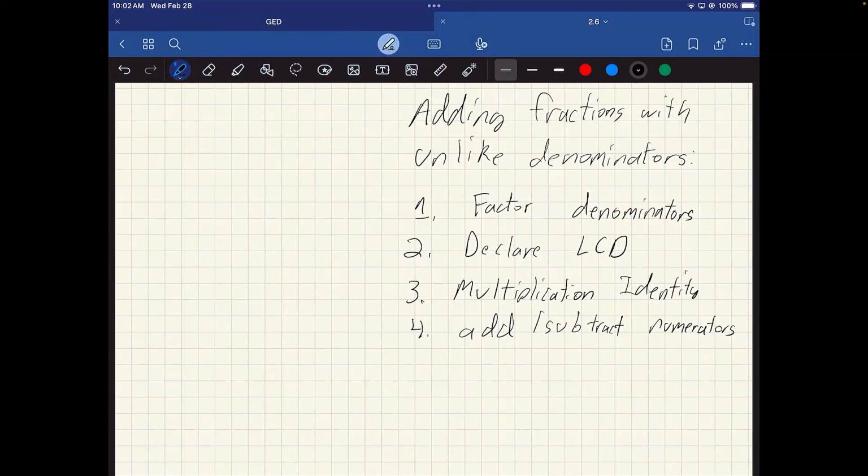All right. 2.6 part 2. And of 5, which is factor reduce.